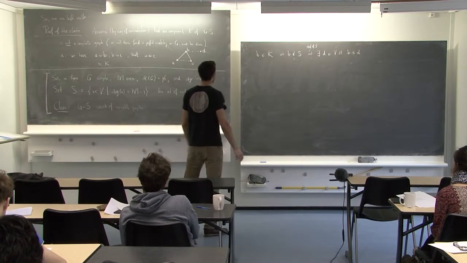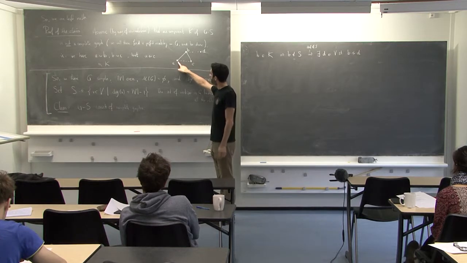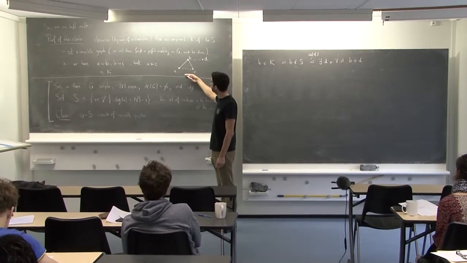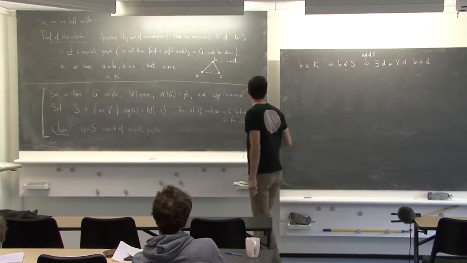Now we're going to play a game. This edge does not belong to the set of edges of G. G is edge maximal, meaning if I add this edge, then I have a perfect matching.